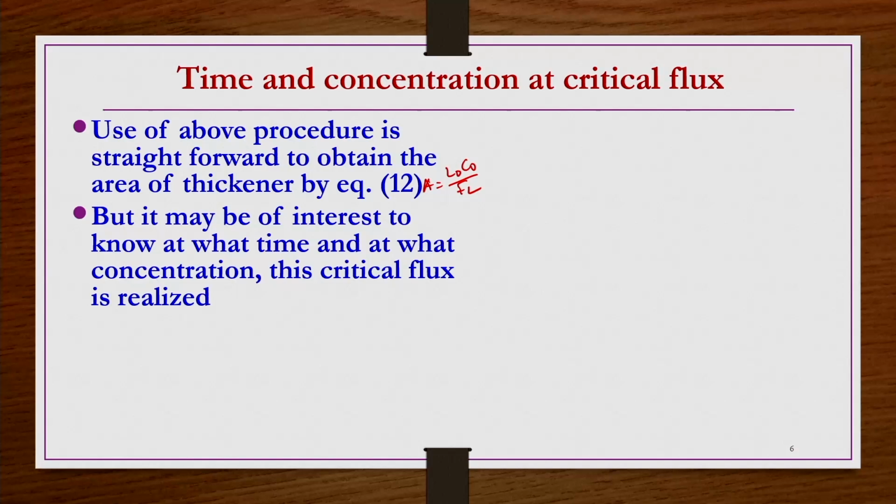However, it may be of interest to know at what time and at what concentration this critical flux is realized. That will be additional information, and from it we can also calculate the required area for a given thickener duty. Okay, so that we are going to see now.